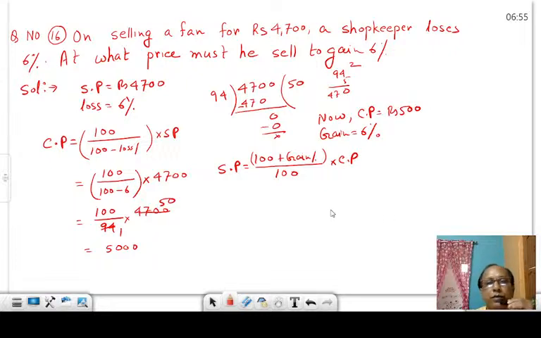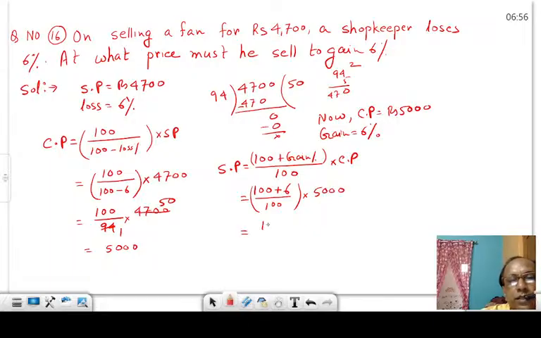Now you see here what we are getting. We are getting 100 plus the gain, 6%, that is 6 divided by 100. And what is the cost price? Cost price is 5,000. Therefore, we get 106 by 100 into 5,000.